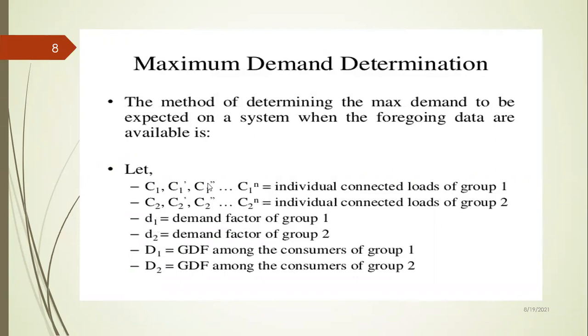For C1 double dash connected load, the demand factor is D1 double dash, like this. Okay, and what is capital D1? D1 is the sum of the maximum demands of individual connected loads divided by the maximum demand of group 1. That is the group diversity factor. And similarly, D2 is the group diversity factor among the consumers of group 2.